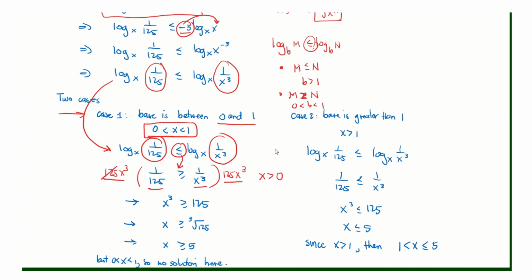Therefore, 125 will cancel with 125, x cubed times 1 is x cubed, x cubed cancels, 125 times 1 is 125. And from here, solving x cubed greater than or equal to 125. Let me just explain something. If this was x squared greater than or equal to 9, do not just take the square root of 9.